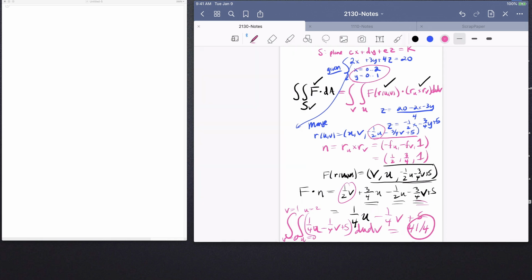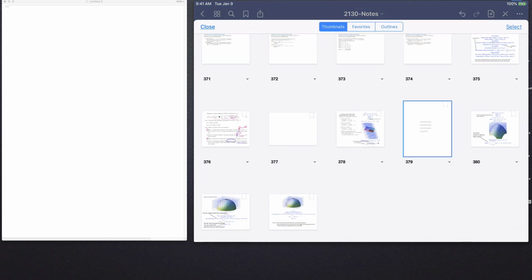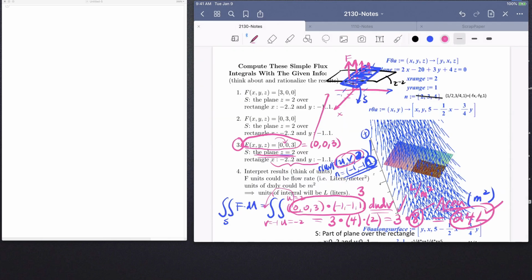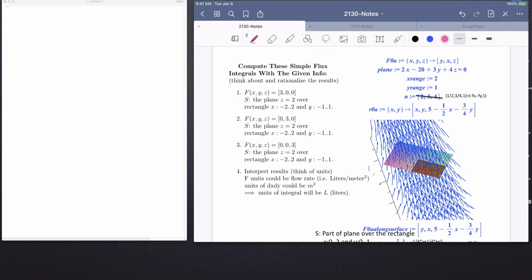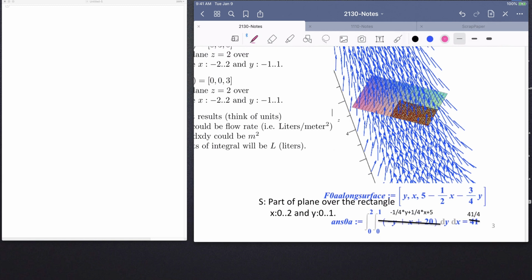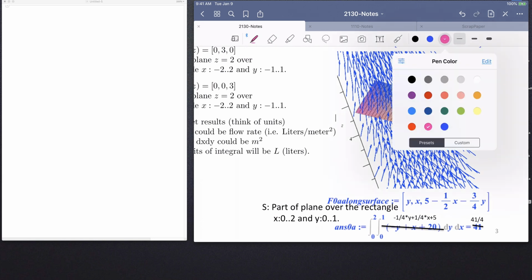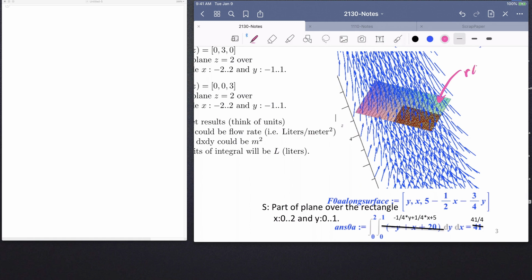Now what we just computed was this problem right here. We had the parametric form of the surface, r of u,v, and then we found r_u cross r_v du dv, so we had a little part of the surface, and we had our normal vector n, r_u cross r_v, pointing this way.